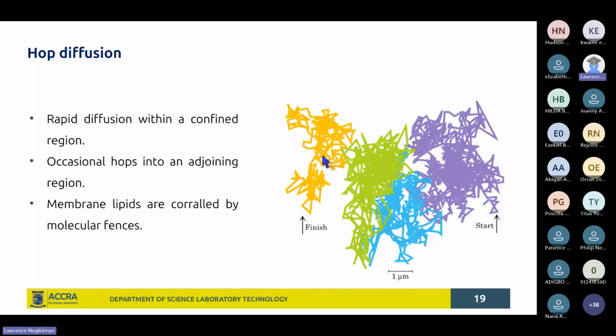So you see it will be moving just within a particular area for a long time, and then occasionally it will hop to a different region for some time and then come back.